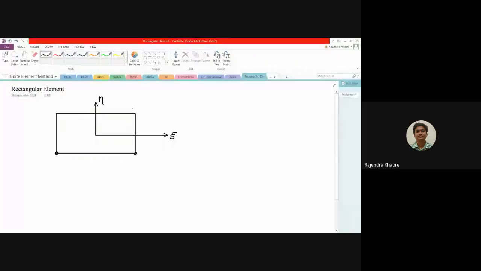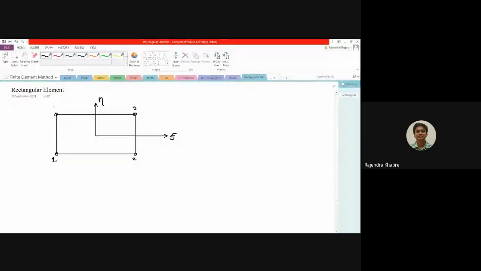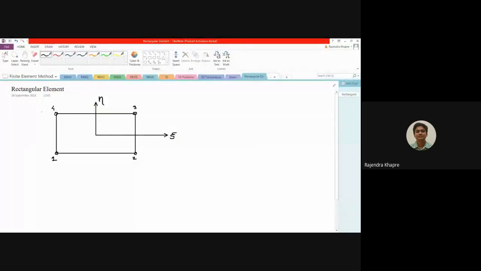In the previous lecture we have considered this nodal connectivity. This is node number 1, this is node number 2, this is node number 3, and this will be node number 4. Now since this is in the natural coordinate system, it will have length and width as 2.